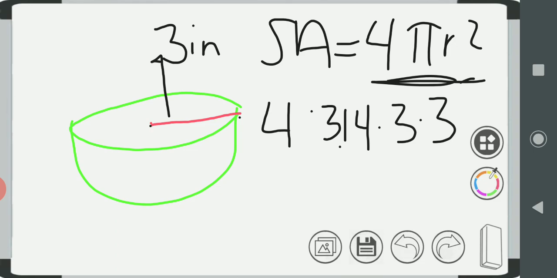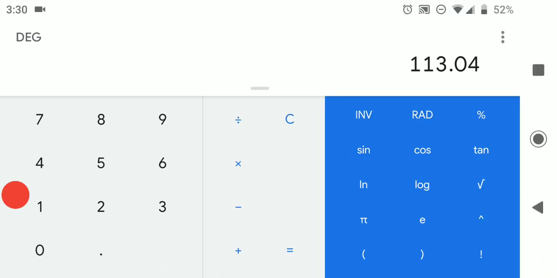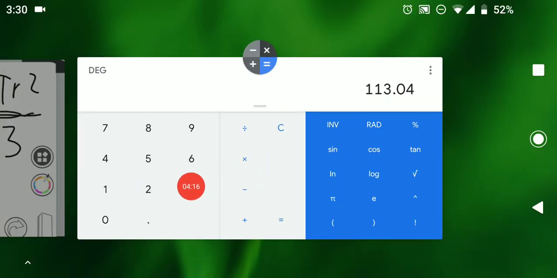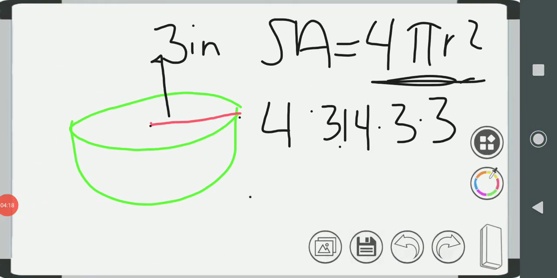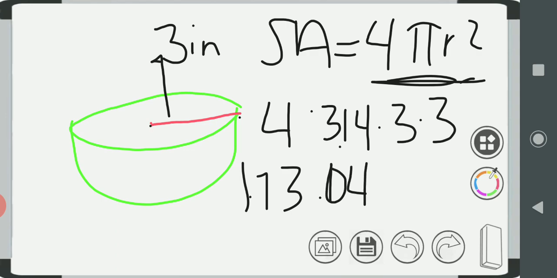So I can throw that into my calculator, and I get 4 times 3.14 times 3 times 3, and that equals 113.04. See, I'm already forgetting. Yes, okay. And that is inches squared.